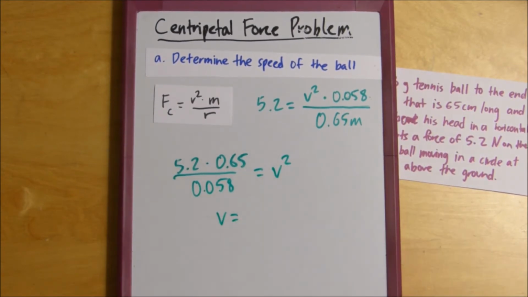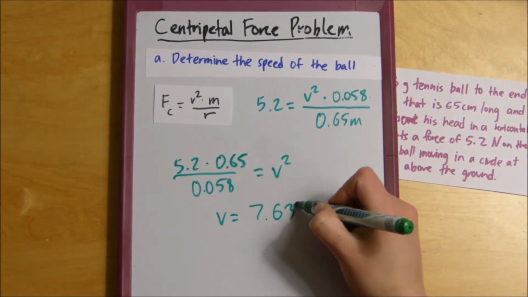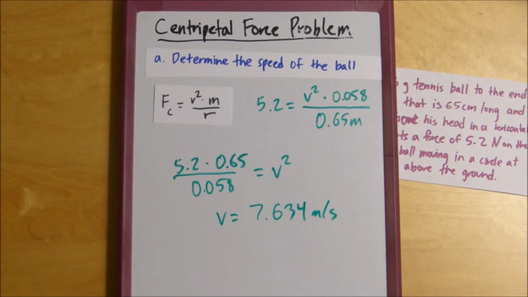Then if we plug that into our calculators, we see 5.2 times 0.65 divided by 0.058, and then the square root of that. We end up getting that velocity equals 7.634 meters per second. Alright? So that is the speed of the ball.